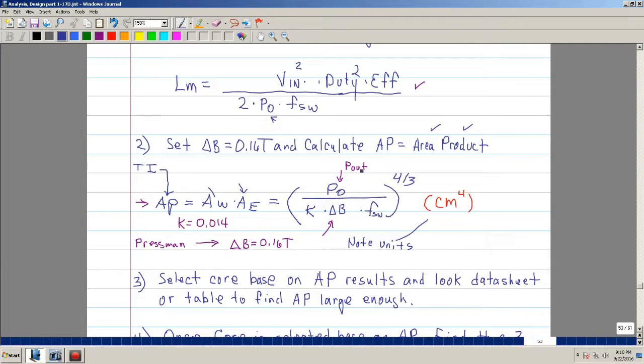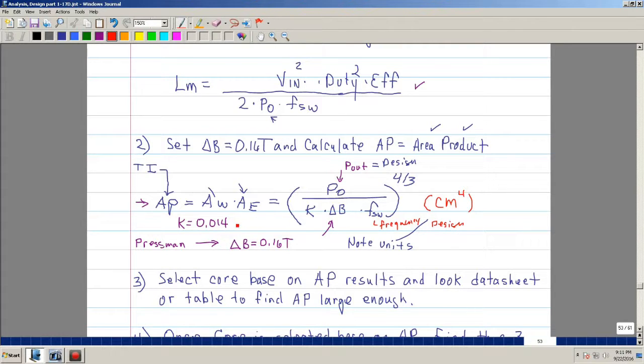So what inputs do you need? Well, PO is your power output, and that's from your design. F sub SW is your switching frequency, so that's also from your design.